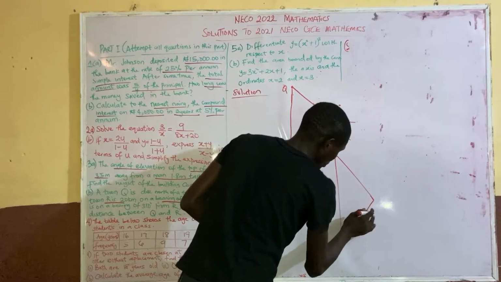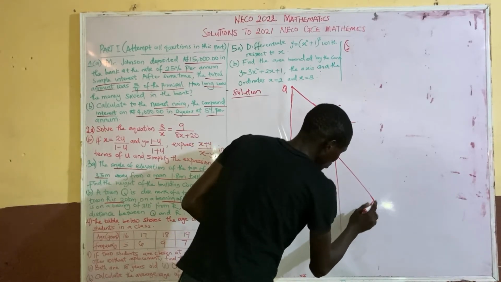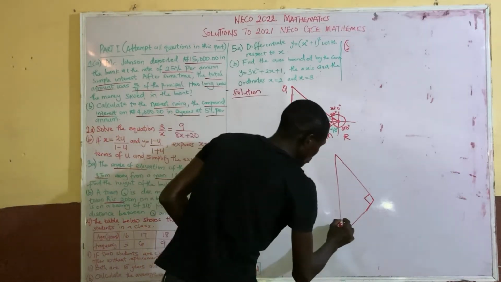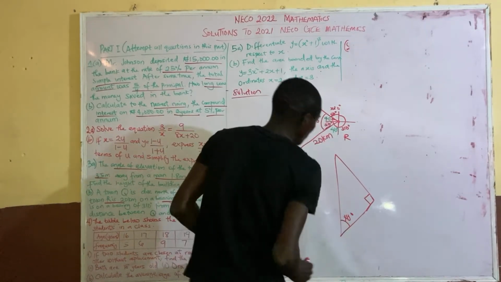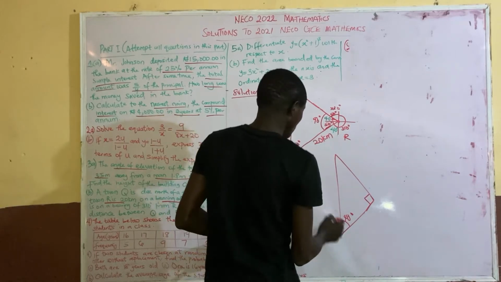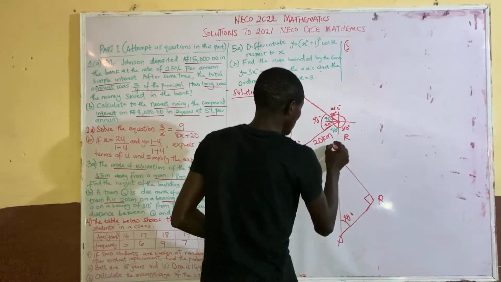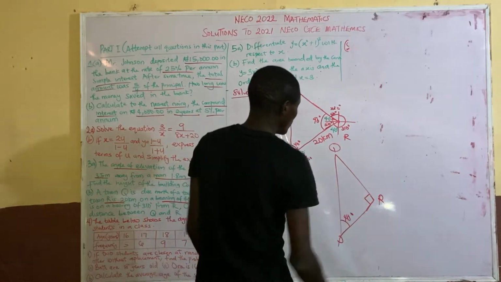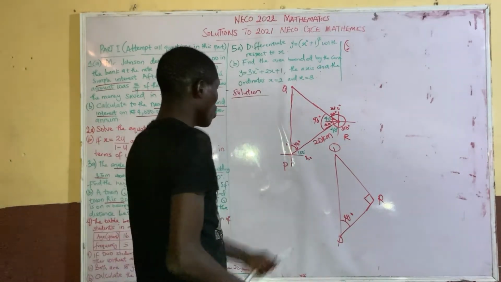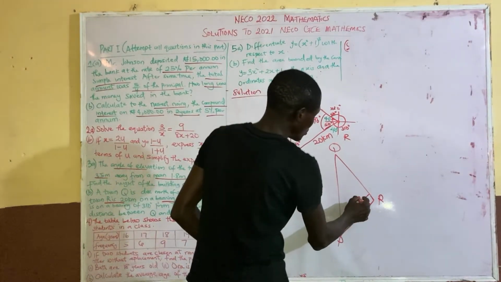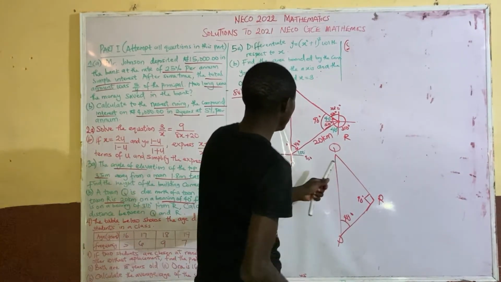You can use a box to represent your 90 degrees. This is 40 degrees. This is P, this is R, and this is Q. Don't forget this is 90 degrees.